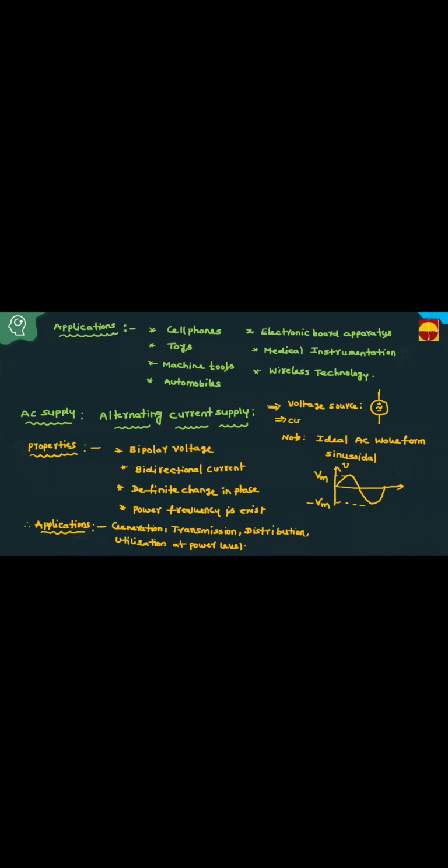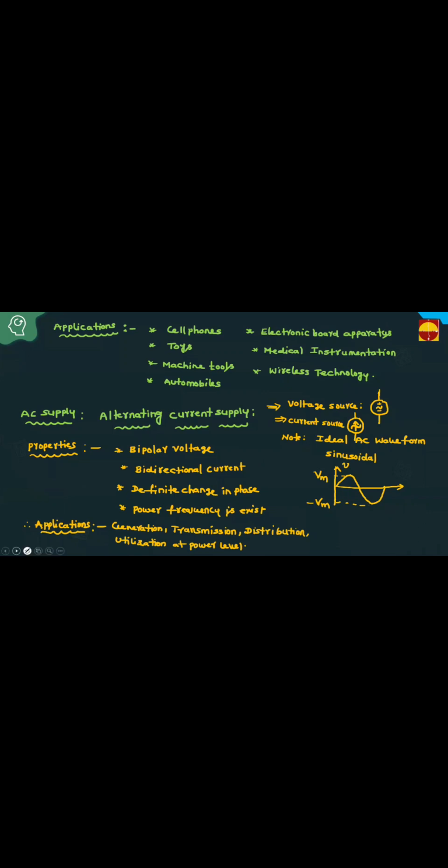The AC current source is represented like this. Follow this representation for the AC voltage source and AC current source.